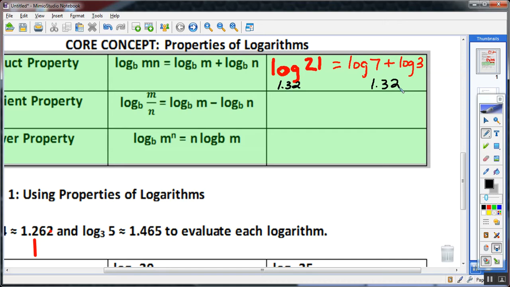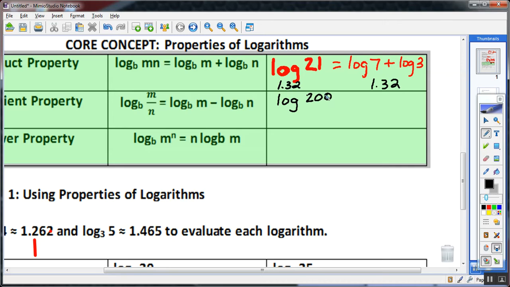Maybe I have the log of, I don't know. How about the log of 200? Is that okay, kids? Okay. Can you think of a quotient that would get you to 200?